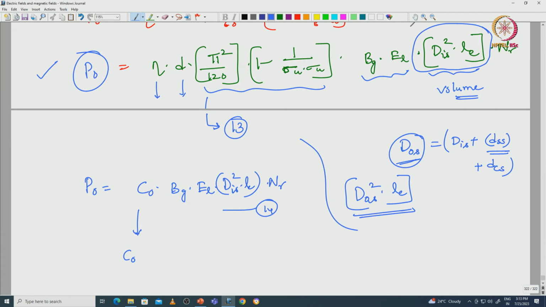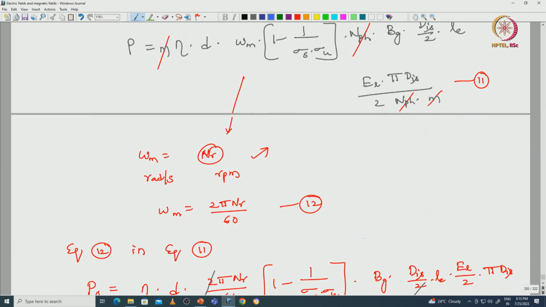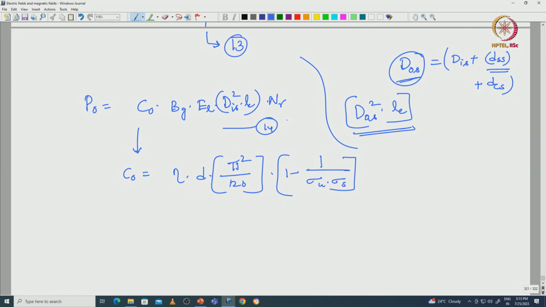Here the output coefficient C naught equals efficiency into duty cycle and the other constants, pi square by 120, into 1 minus the inductance ratio coefficients, sigma s, sigma u into sigma s. So, this is the output coefficient.